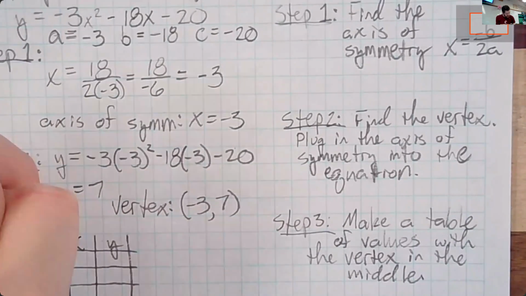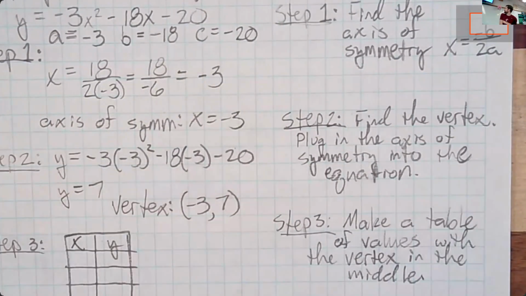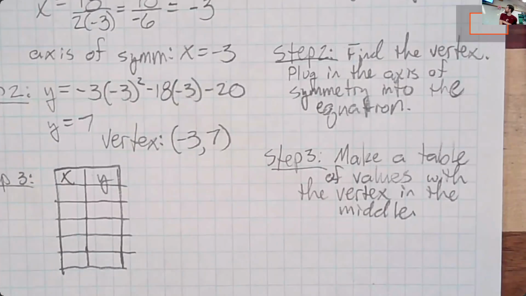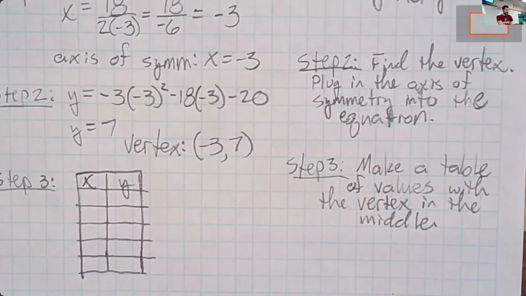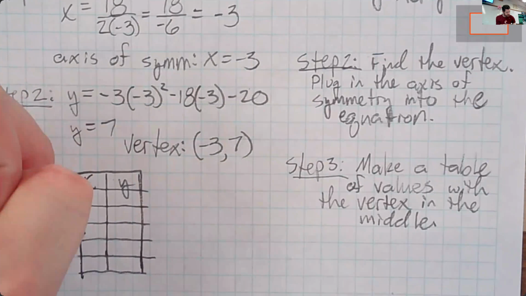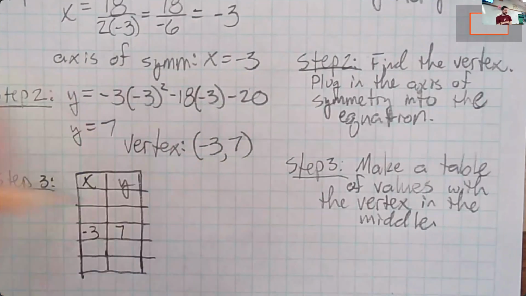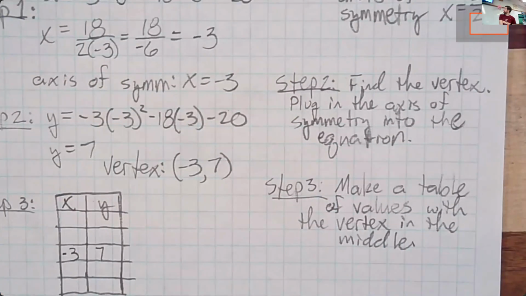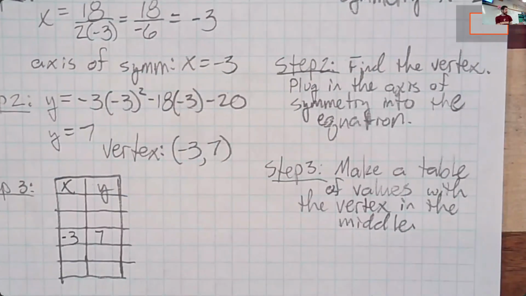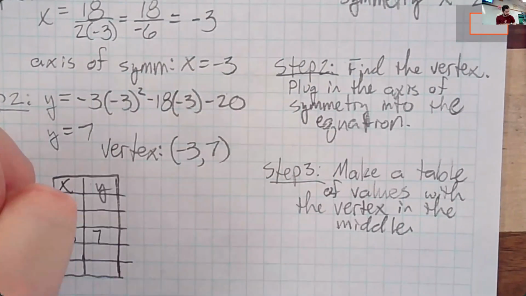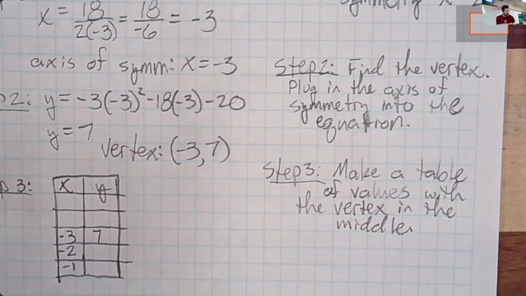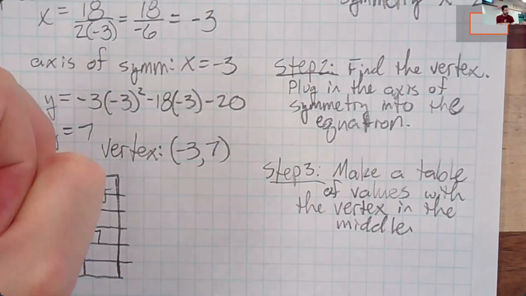Not the prettiest table of values, but it'll work. And the vertex goes in the middle of that. So negative 3, 7. Right there. And then we put the 2 numbers around it on either side, so that would be negative 2 and negative 1, and then negative 4 and negative 5.